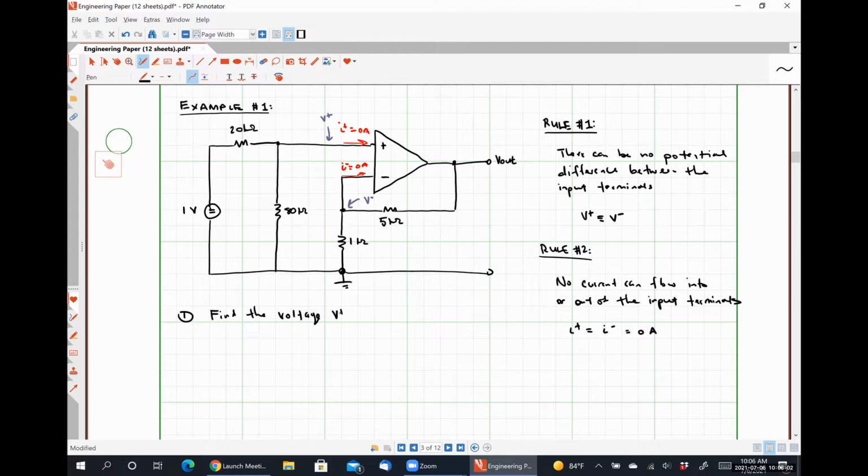Find the voltage V plus, where we'll have to apply rule 2 as needed. So how would we determine that voltage V plus in this particular circuit? Any thoughts?